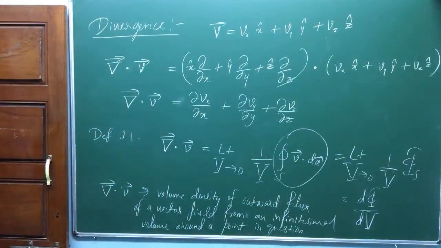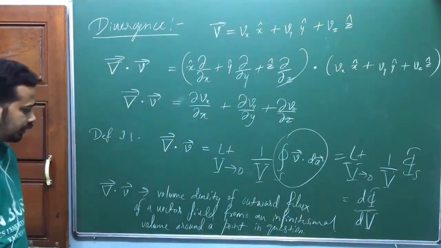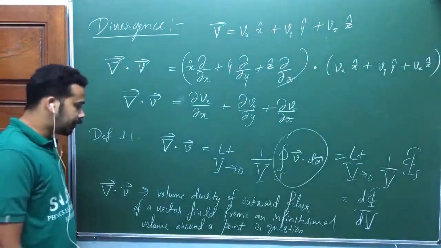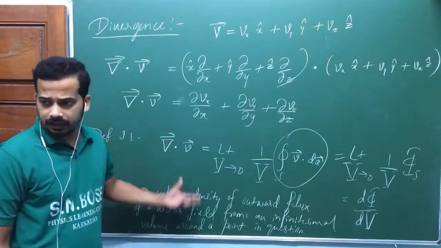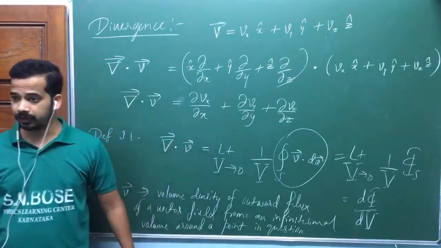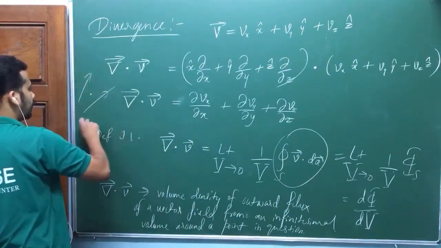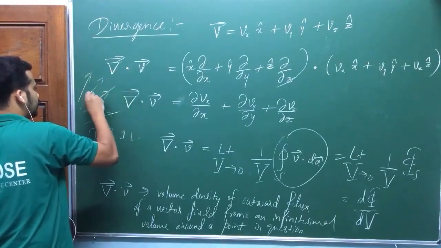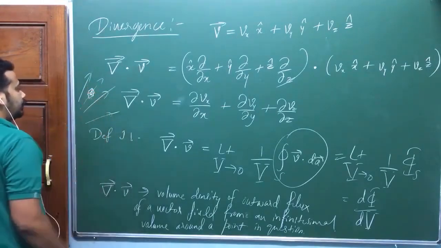So that's the first meaning of divergence of a vector field. It's a volume density of outward flux from an infinitesimal volume element around a point in question, because this is a point operation, am I right? It's a kind of derivative. You can define divergence at one point in space. If you have a vector field, you have to consider an infinitesimal volume element around the point of interest.